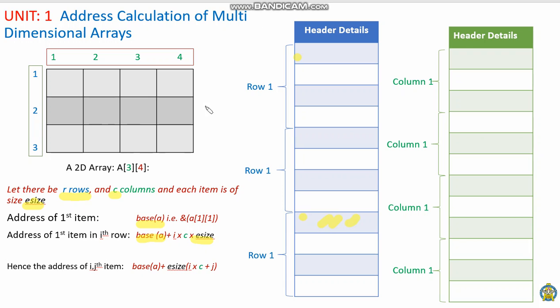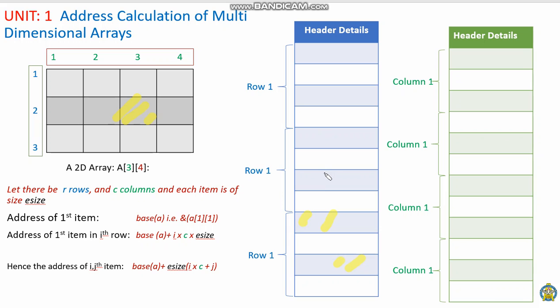Now, having done that, suppose I want to find the address of the i, jth item in the multidimensional array. So let's say this is the i and jth item. In the 0, 1, 2 representation, this is the first row, programmatically in C, and this is the second column. How do I do this? If I want to reach the ith row, I will have to go I times C. Now, if this is the jth item, I need to again traverse j items.